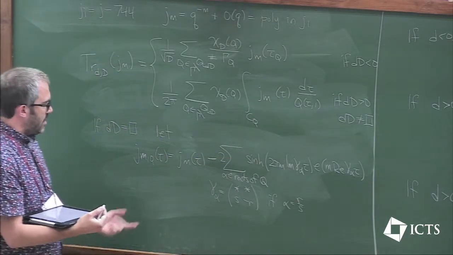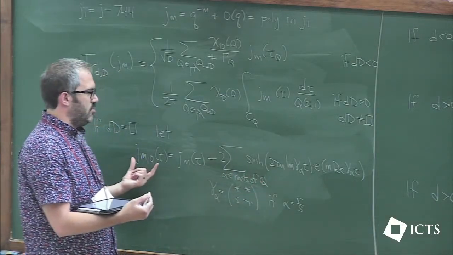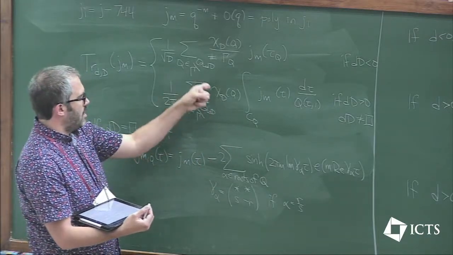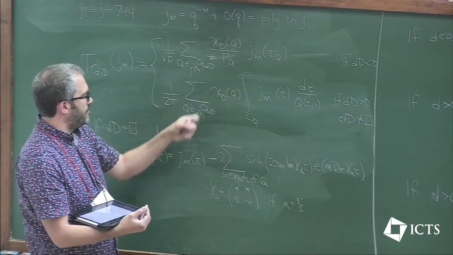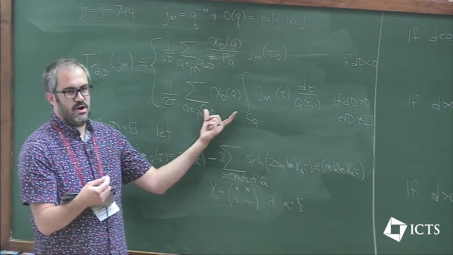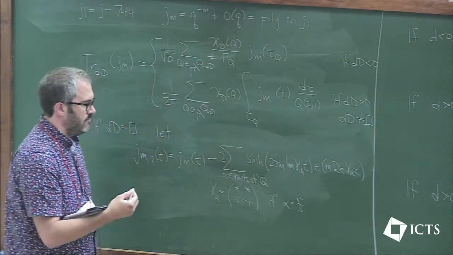The problem is that we've subtracted off something that's not modular, so this new thing is actually not a modular function. But after you sum over all of the Q's, all of the classes, it is still invariant. So even though we're summing something that's not a modular function, we still get a nice invariant.